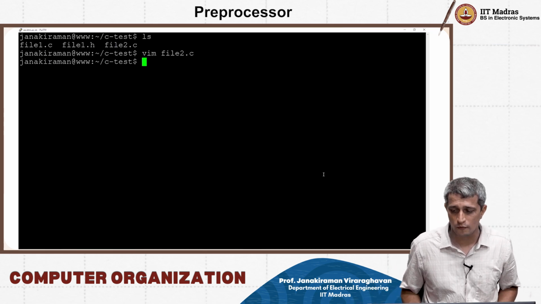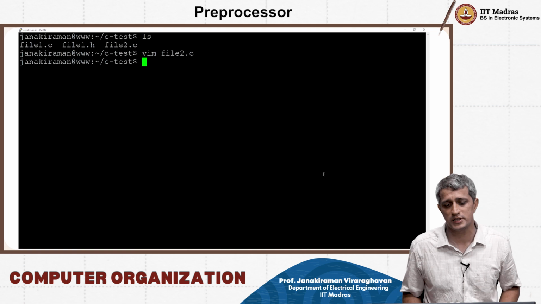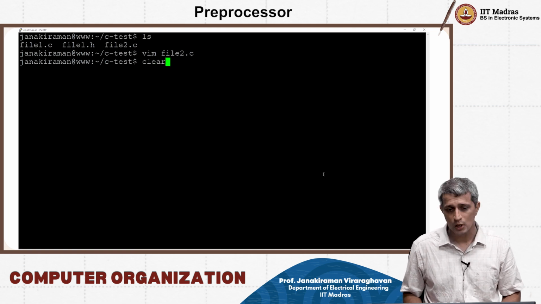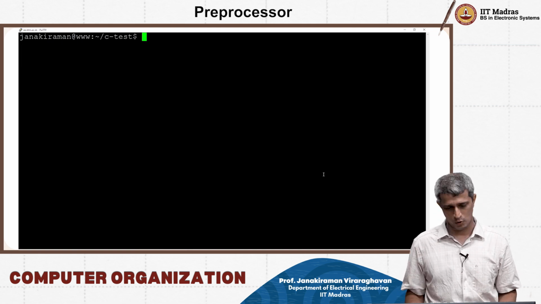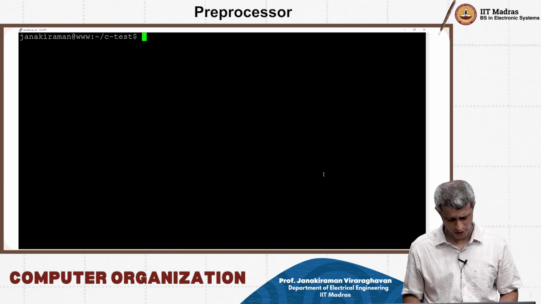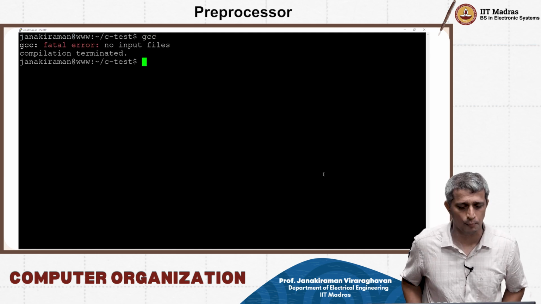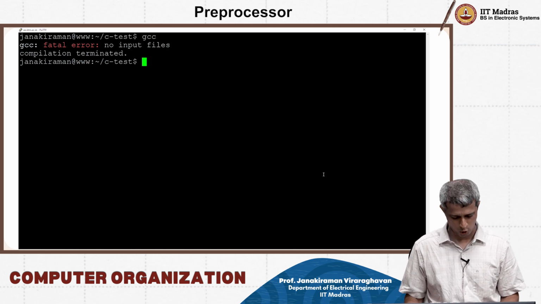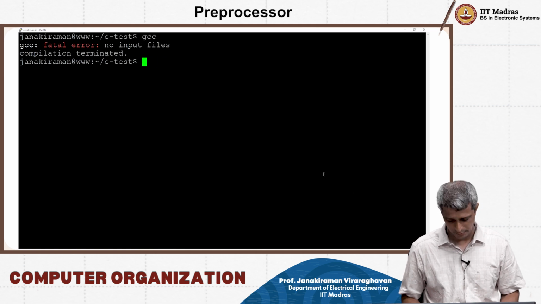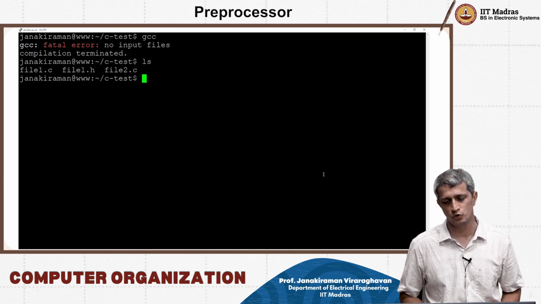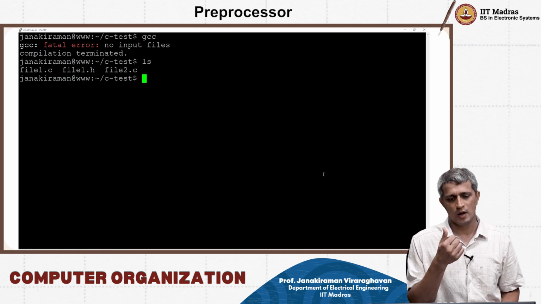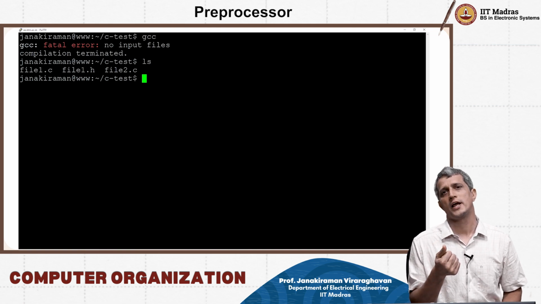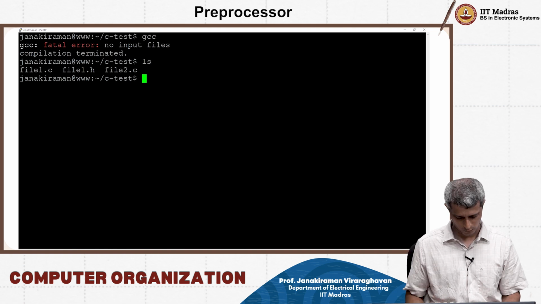So what I have done is I have got myself a Linux terminal here, some Linux machine, and GCC is the compiler. GCC is the recognized executable that I'm going to use. So let me see what's in this directory. When I do a list, I have file1.c, file1.h, file2.c.